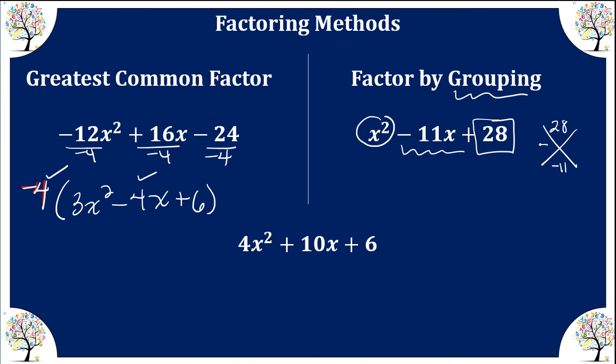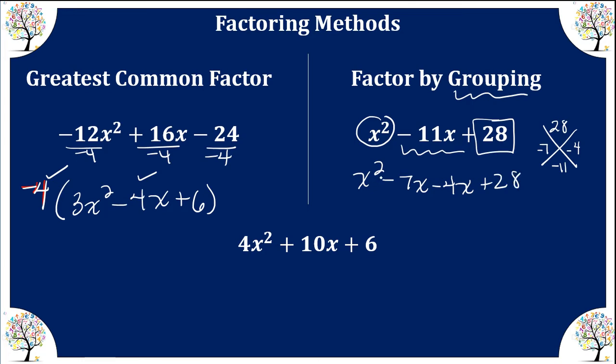So we know that 7 times 4 is 28, but that would give us +11. So these need to be negatives. -7 times -4 is +28, and it also gives us a sum of -11. So we can break apart -11x into -7x and -4x plus 28.